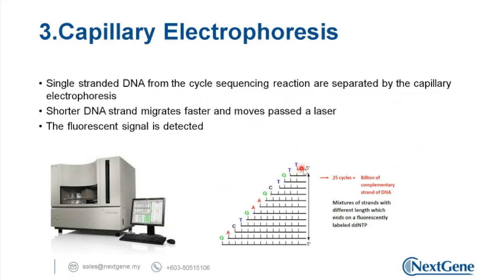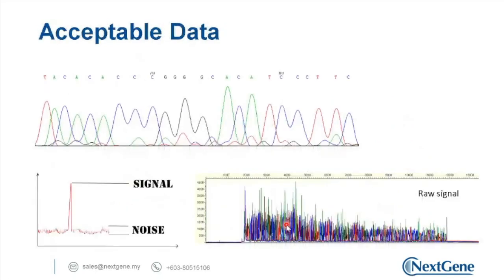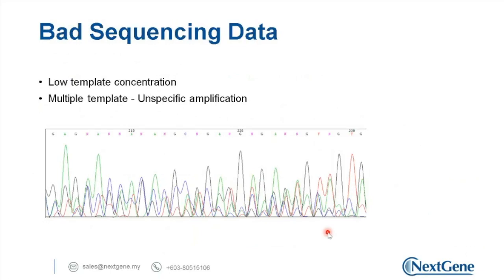And if the number of fragments is very low, it will translate into a low signal. And when you have low signal, the signal will not be differentiated from the background, and then we have overlapping.